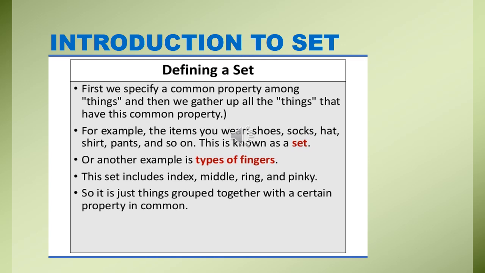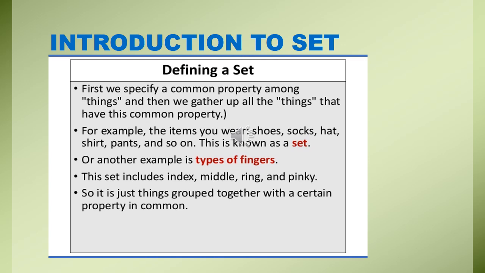Hurry up, look at your room. Good, you can say a set of fingers in your hand because it includes index, middle, ring and pinky. So always remember, you have to group together any objects which have certain characteristics in common.